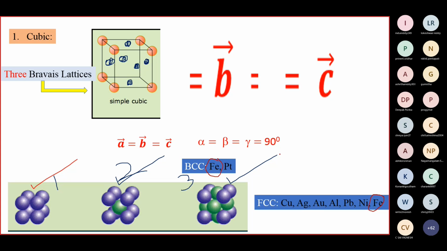A single type of material can exhibit two or more types of crystal structures depending on the processing conditions. So here, iron exhibits both BCC as well as FCC structure.